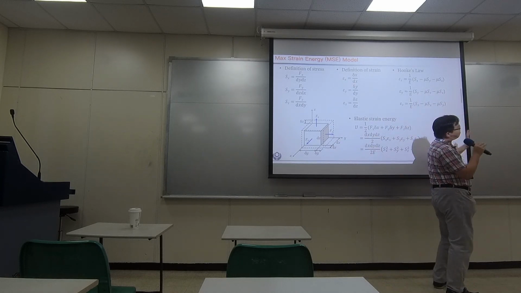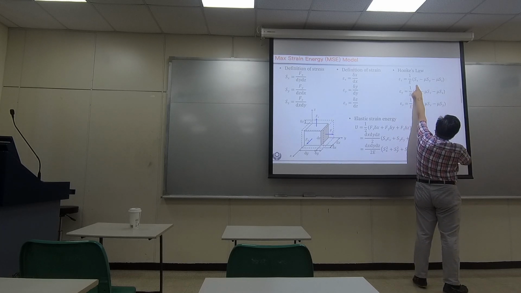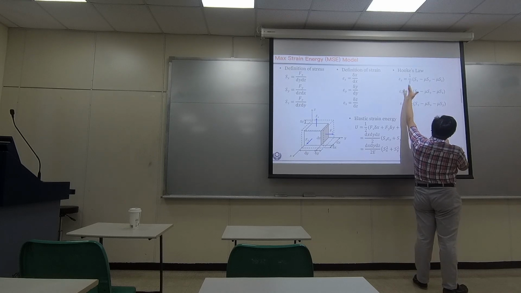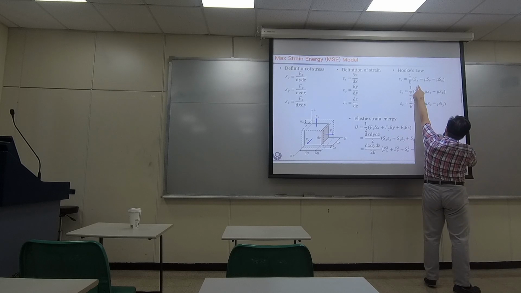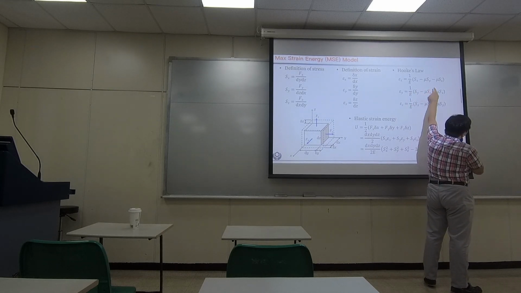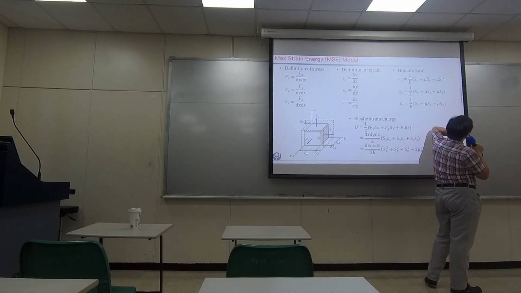So if you don't have effects from the other two directions, basically stress equals Young's modulus times your strain. But if you do have stress along the other direction, then you need to subtract the stress along the other direction multiplied by the Poisson's ratio.